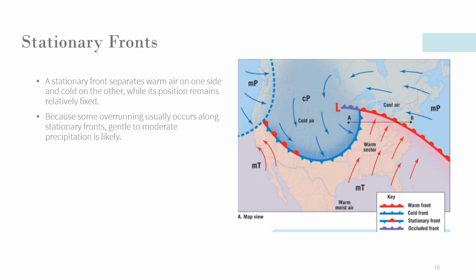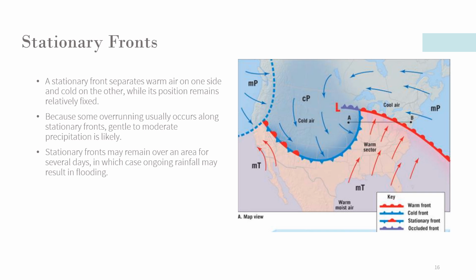Overrunning usually occurs along a stationary front. That means gentle to moderate precipitation is likely to happen during stationary fronts. And stationary fronts may remain over an area for several days.